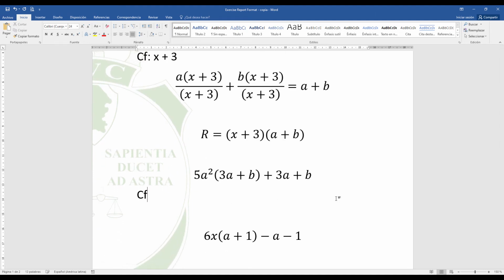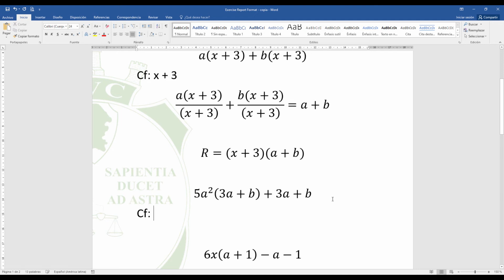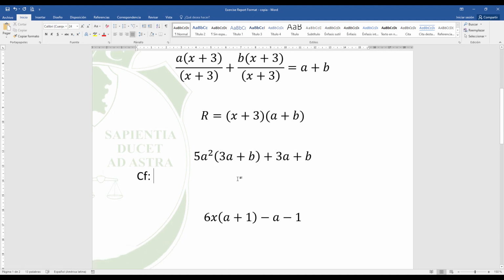So you look for a common factor here. If you look for that common factor, remember we are working with a polynomial, so maybe it's that, but it's not grouped here, but you can group. So this is the 3a plus b.